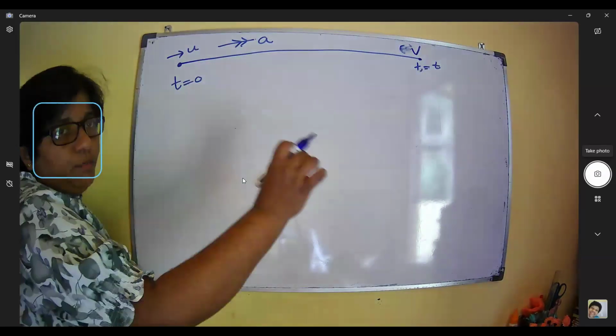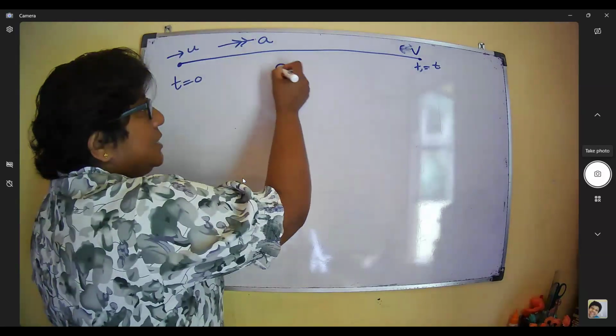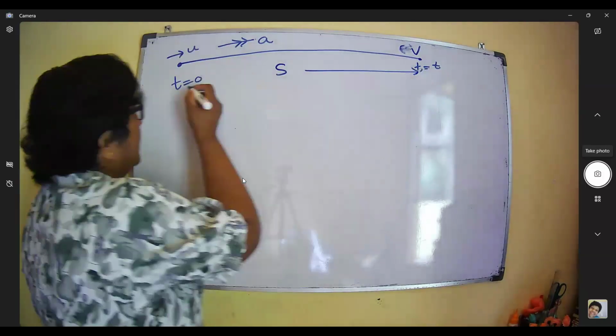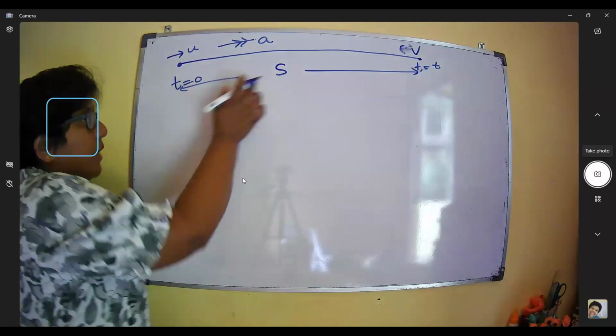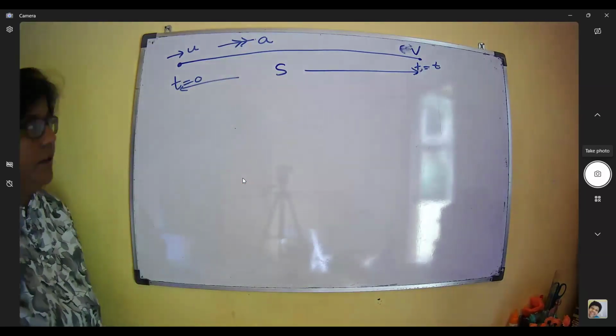Under this motion, from the beginning, the total displacement I am taking as s. If you want, you can take delta x, right? This is a way to remember easily.